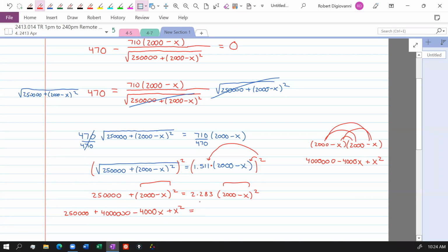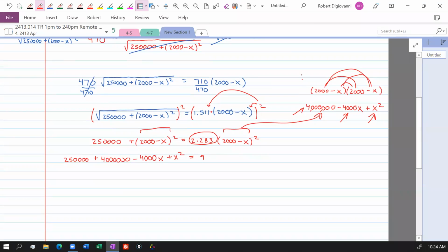And then equals, and then I'm going to get this right here, but it's got a 2.283 in front of it. So I'm going to distribute that through. It's got to distribute to each of these terms. So I take my 2.283, multiply it by that 4 million, and I get 9,132,000. Hold on.